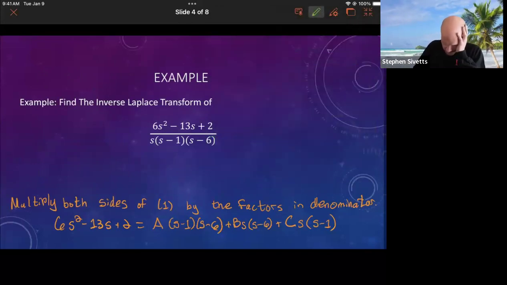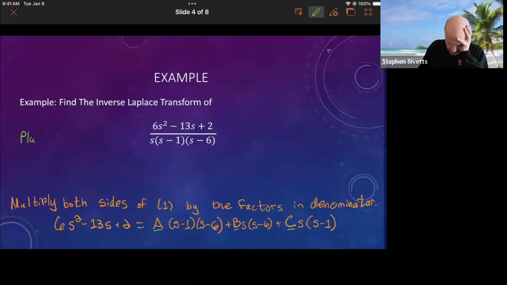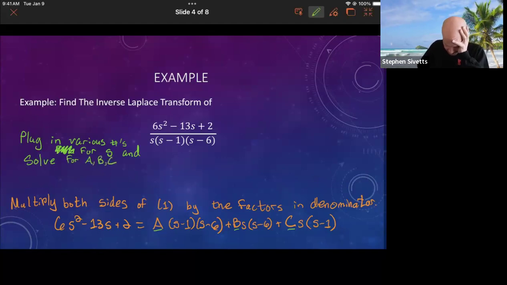And so to figure out what the A, B, and C numbers equal, we can plug in various numbers for s and solve for the constants A, B, and C. Okay, so for example, if s is 0, that's a good choice.